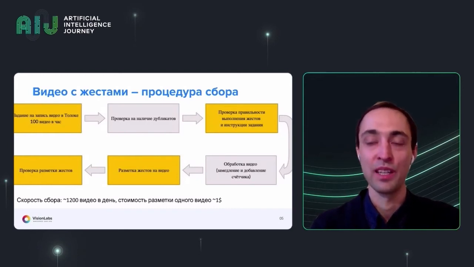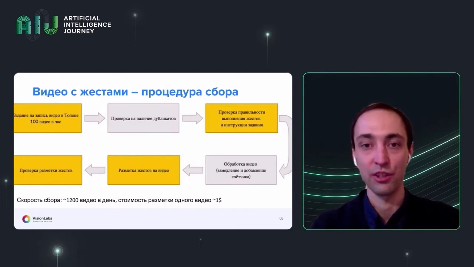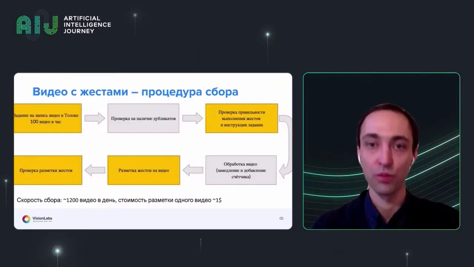After that, those videos were checked to remove duplicates, because there's quite a number of fraudulent users who register several accounts on Toloka and send several results for one and the same task.